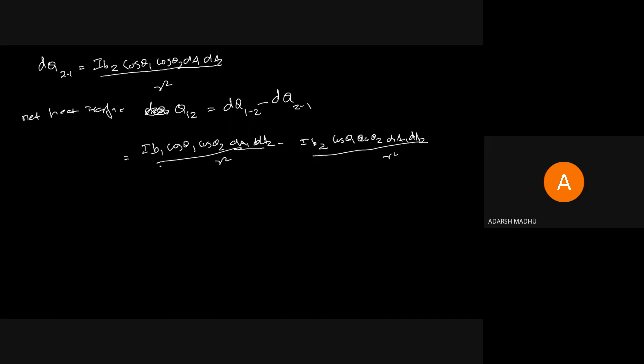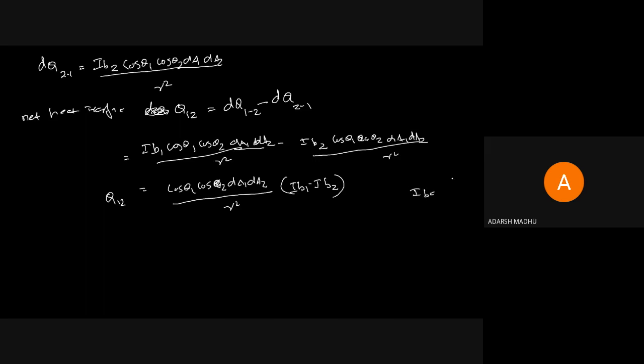The whole terms are common except IB1 and IB2, right? So we can take all the terms together, cos theta 1 cos theta 2 dA1 dA2 divided by r square is the common term, and the only remaining term is IB1 minus IB2. That is, total Q12 is cos theta 1 cos theta 2 dA1 dA2 divided by r square, into IB1 minus IB2. What is IB?